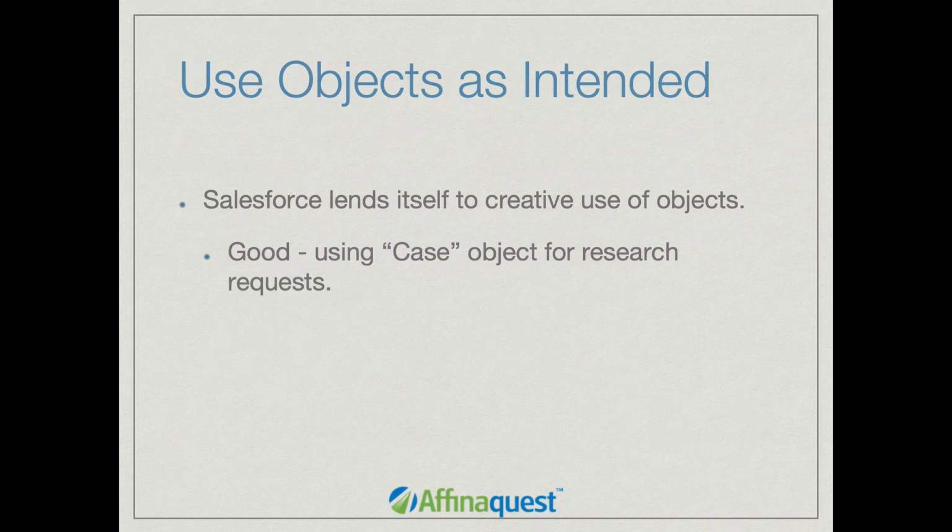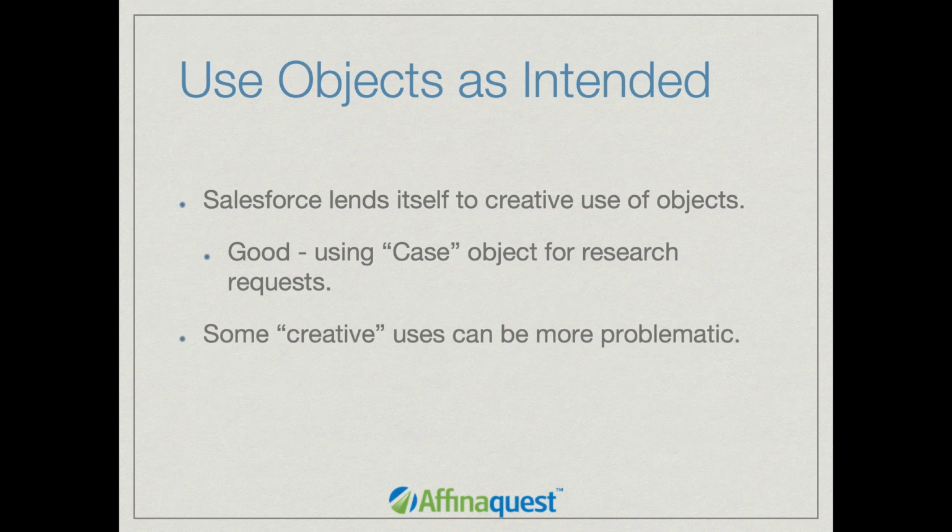That's what it's for. But a creative use of that might be to make a request for research to be done on someone. So you've identified a potential new prospect, you create a case asking someone to do research and qualify that prospect. Because the case has some other functionality around it, you can do reports on outstanding research requests, you can create a queue, a number of things. That would be a creative way to use an object.